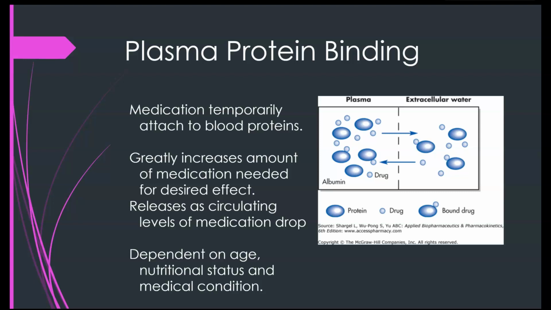It's got a little Rihanna thing going on. So if it is a medication that binds really well to plasma proteins, you need a much larger dose in order to make it effective. This is why when people get older or have poor nutrition statuses, drug dosing can be complicated.